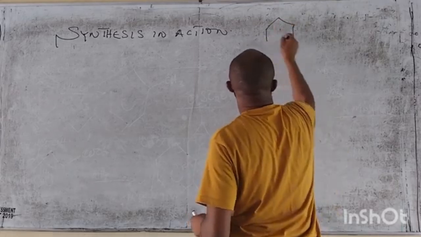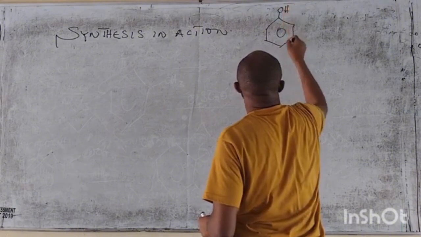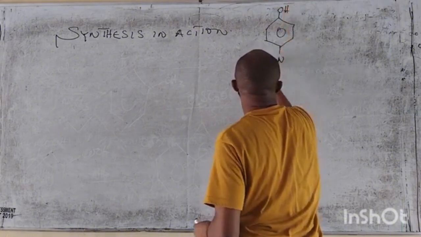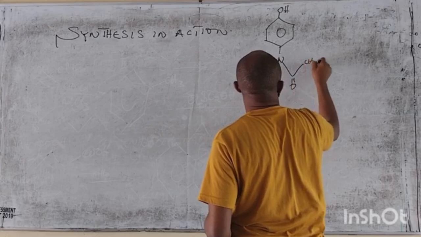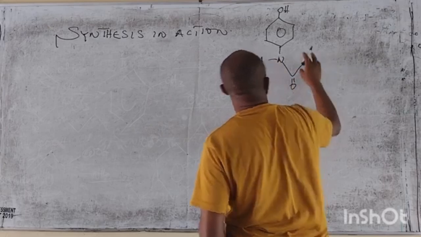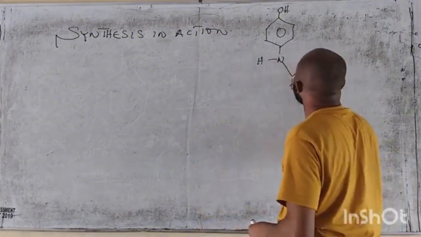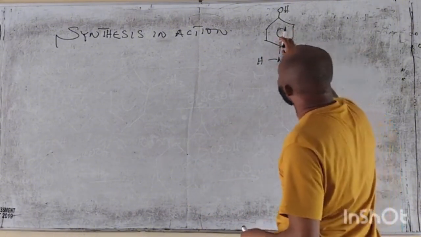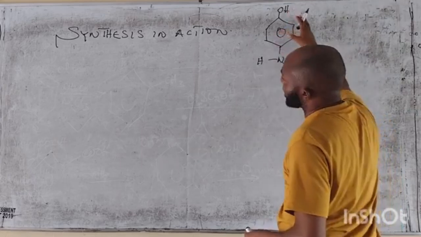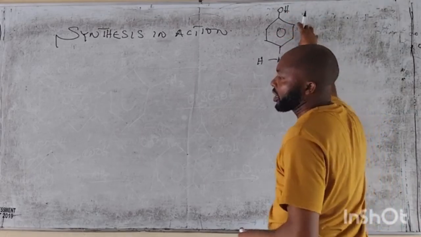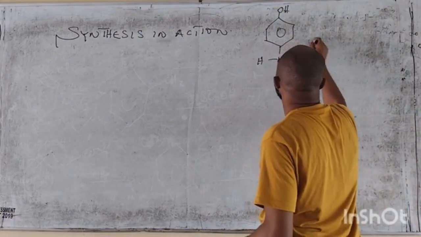This is my paracetamol, OH, and NH, C double bond O, CH3. Remember, CH3 and nothing here, they are all the same thing. This is para-acetyl aminophenol. That is the IUPAC name for it. So this is paracetamol.